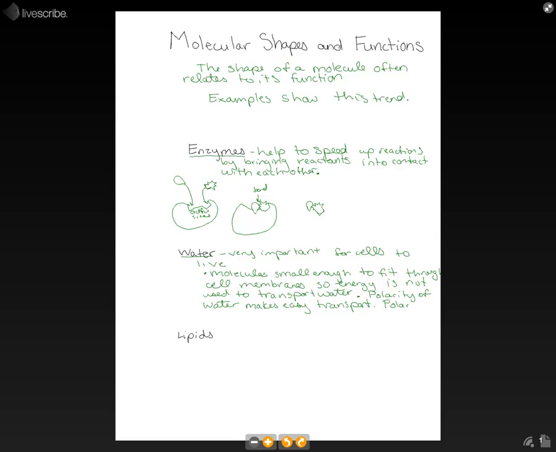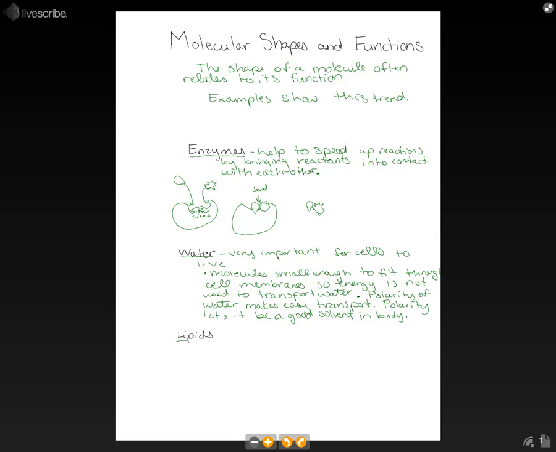Polarity also lets it be a good solvent in our bodies or just in life. So other things can be transported in water.